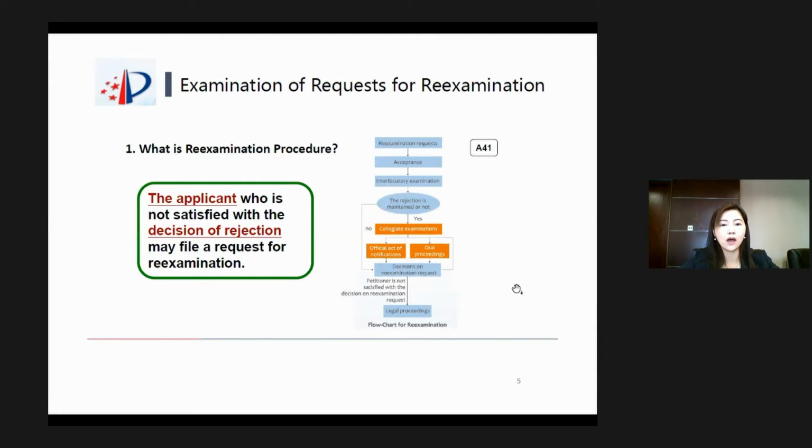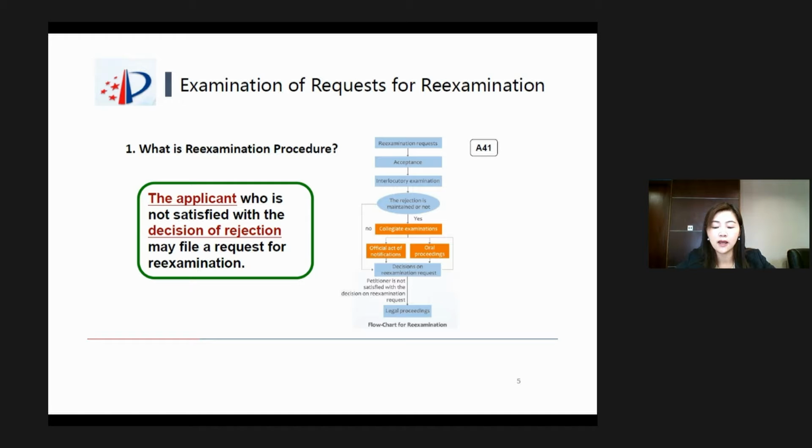What is re-examination procedure in China? In China, after final rejection has been received, a request for re-examination has to be filed within 3 months, regardless of whether amendments are filed or not. After a final rejection, all cases will undergo interlocutory examination.